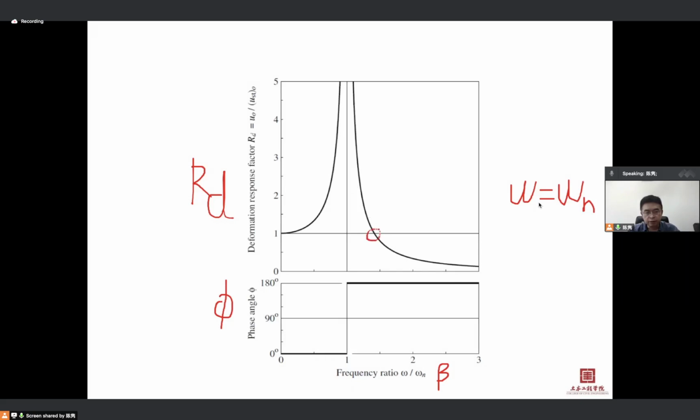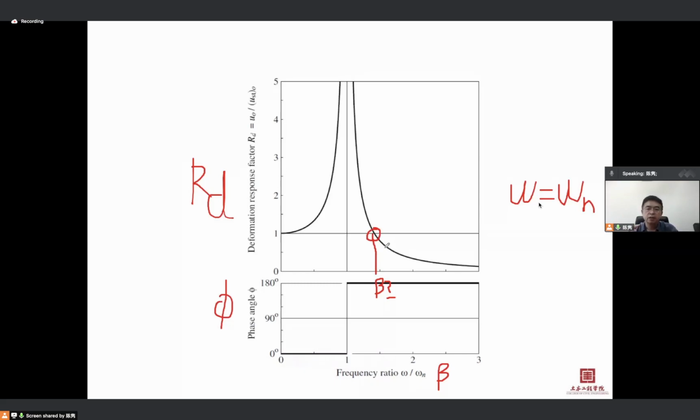So after this point, which means after a certain value of the ratio here, what is the ratio? You can guess what this value is. When the frequency of the external load is larger than this value, the RD value is less than 1.